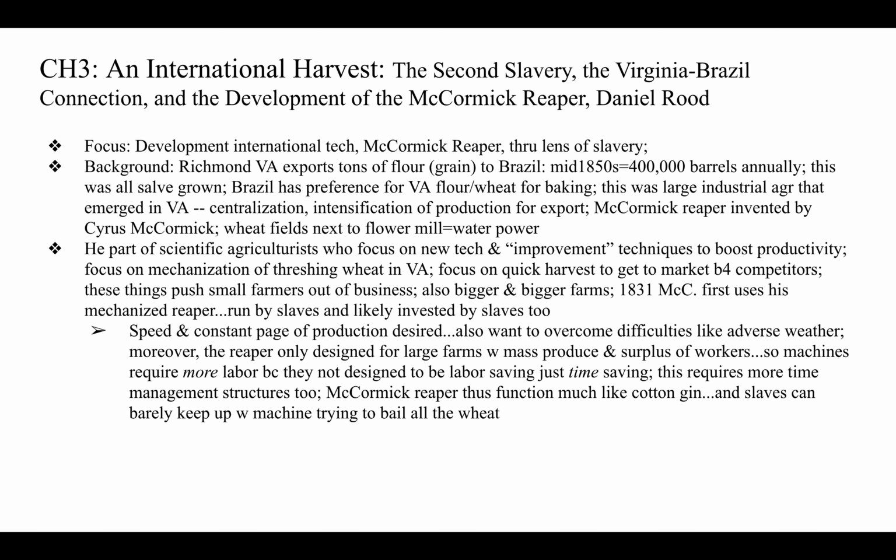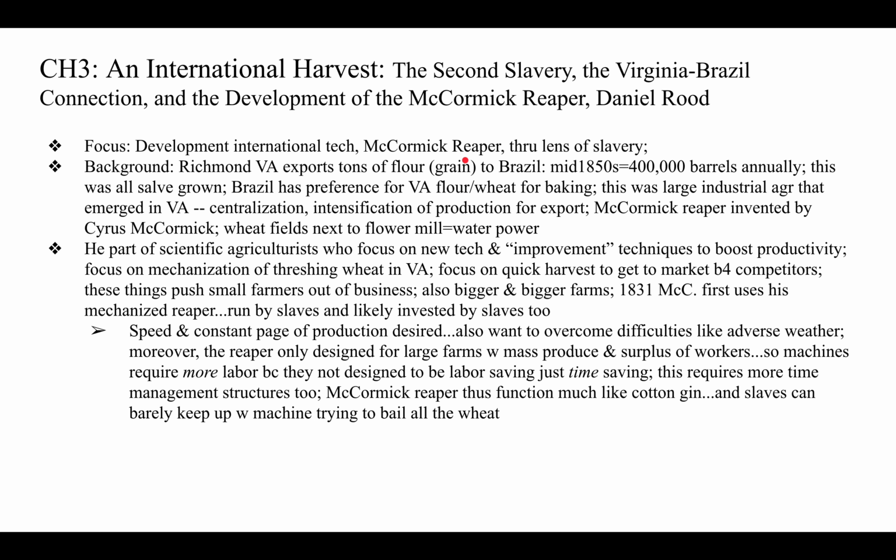In Chapter 3, International Harvest, the Second Slavery, the Virginia-Brazil Connection, the Development of the McCormick Reaper, Daniel Rood looks at the development of one piece of new technology applied to harvesting, with the use of slaves. This was the McCormick Reaper.